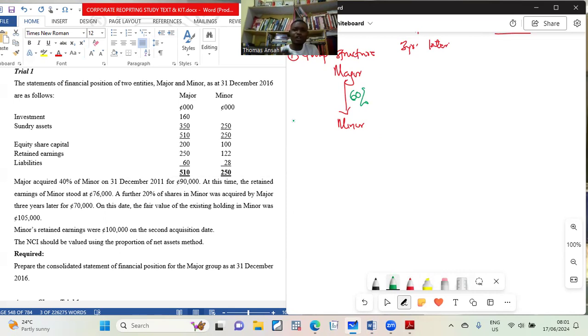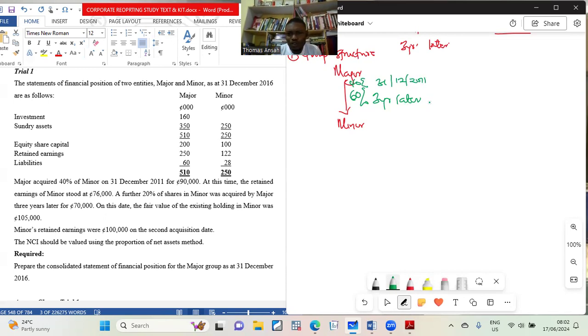We are doing this at the time control was achieved. You can show 40% and say that one was at 31st December 2011. But our focus here is 3 years later.